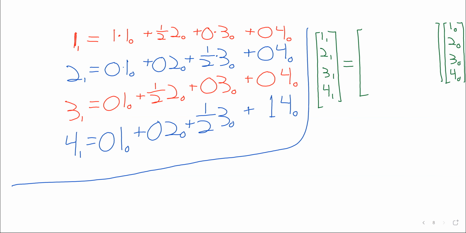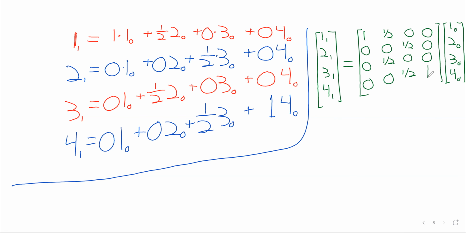In particular, the matrix of coefficients: 1, 0, 0, 0, 1 half, 0, 1 half, 0, 0, 1 half, 0, 1 half, 0, 0, 0, 1.